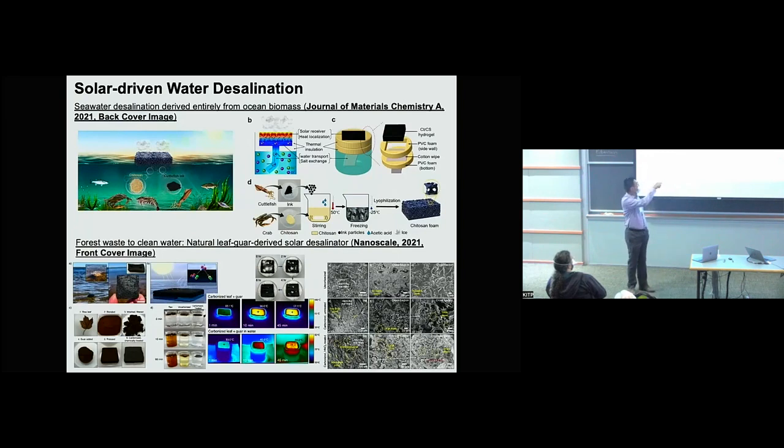This time we fabricated hydrogel materials. We simply use 2 ocean biomass materials. One is chitosan. Chitosan is a powder form derived from pearl, clam shells, or lobster shells. So we use chitosan as the skeleton of the hydrogel material, and also we use cuttlefish ink. Cuttlefish ink is squid ink. It's a natural black liquid.